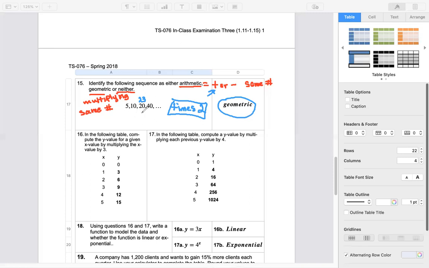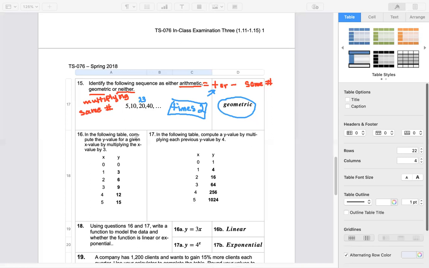It does not fit multiplying the same number times the previous number. If that happened and you know it's not arithmetic and it's not geometric, then it's neither. That is the case when it would be neither. So just so you know how you would determine if it's neither of the two, then it's got to be a third choice.